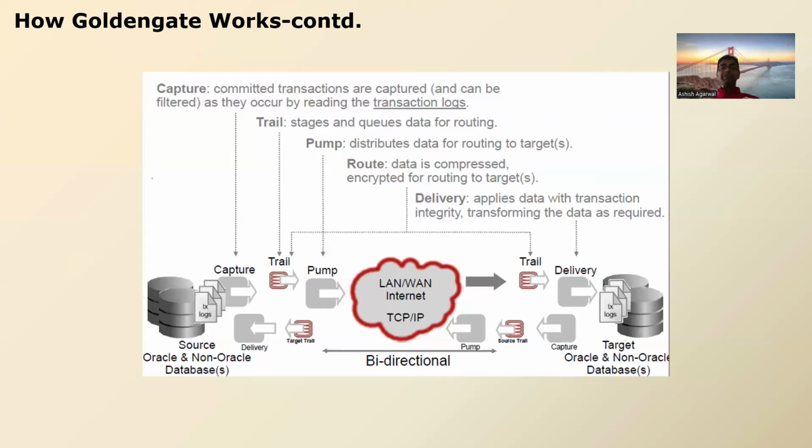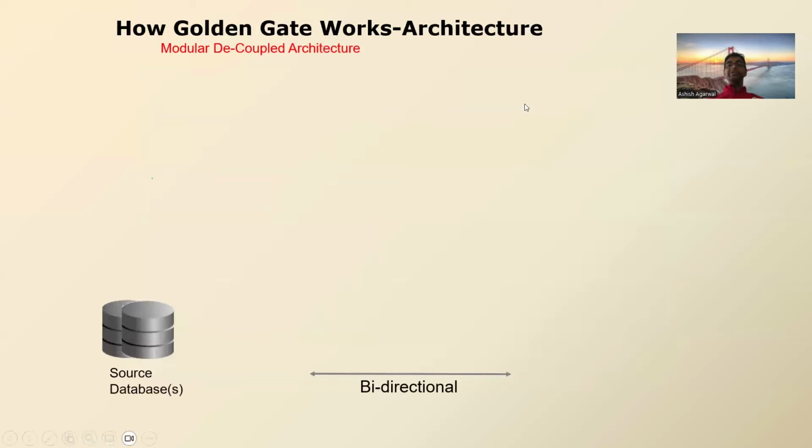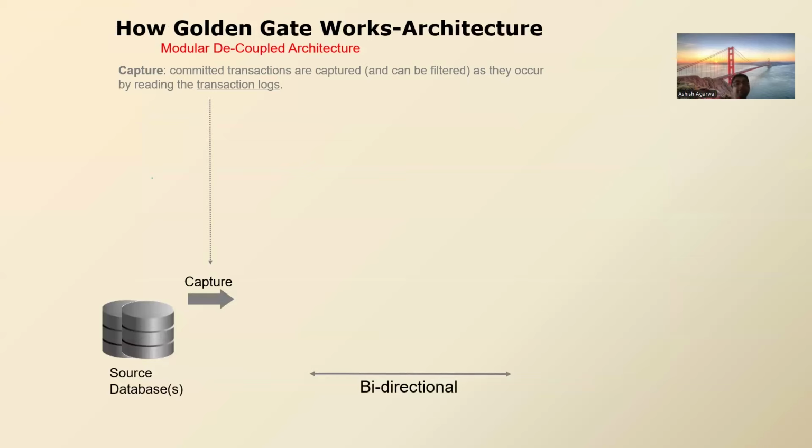In the same way, the replicate process is dependent on the pump process for data purposes. Unless the pump process writes the data to the remote trail, the replicate process cannot apply data to the target database. So again, I repeat, three processes are involved: extract, pump, and replicate.